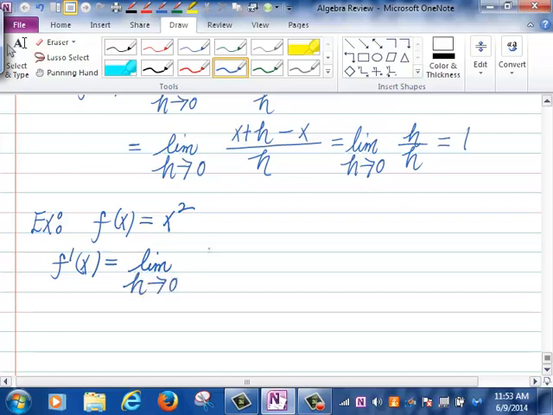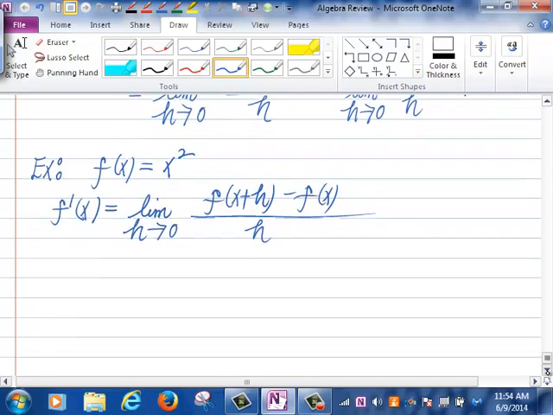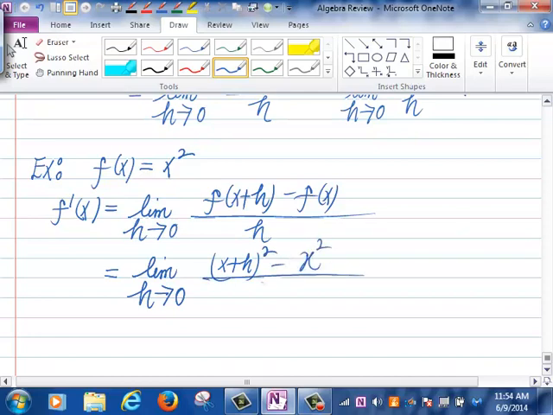It is the limit as h goes to 0 of f of x plus h minus f of x divided by h. Here I'm just trying to show you that my formula is correct, okay? So in this case, what do I get? x plus h squared minus x squared, divided by h.